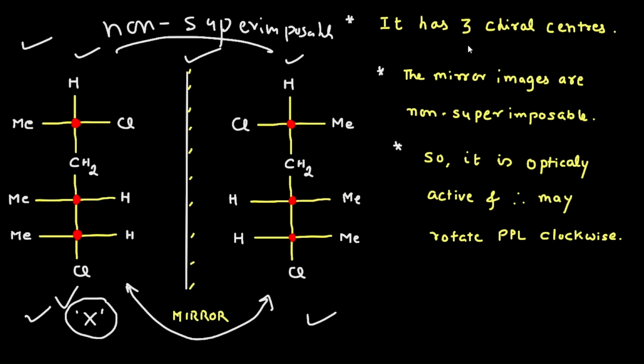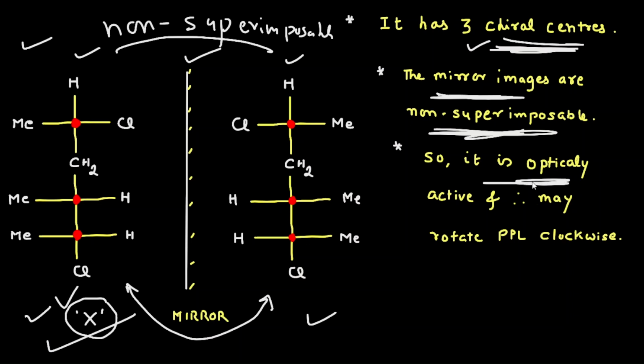First of all, this compound has three chiral centers. Second, the mirror images are non-superimposable. Third, since the two are non-superimposable, the compound X must be optically active.